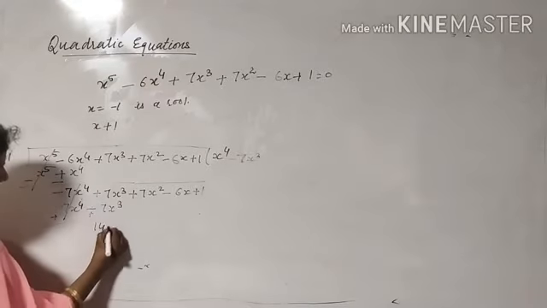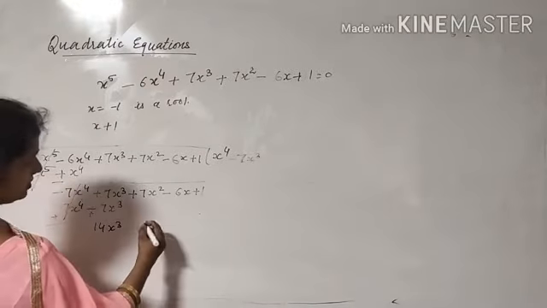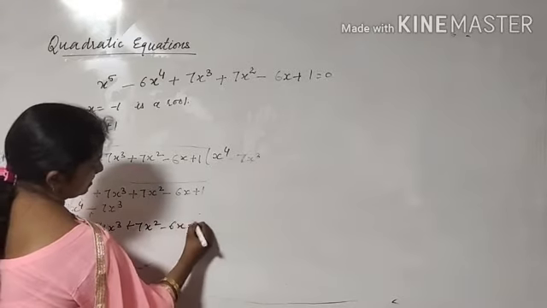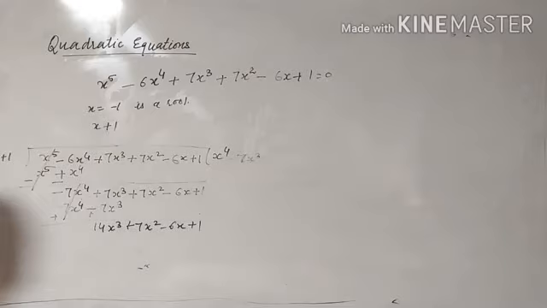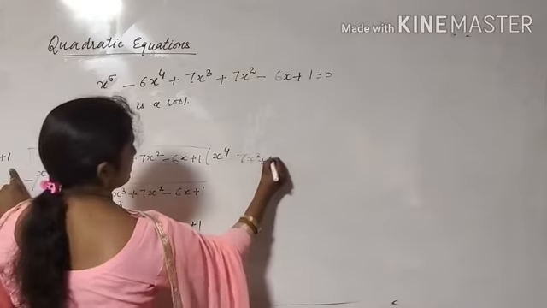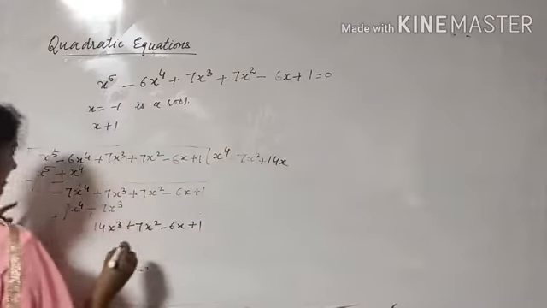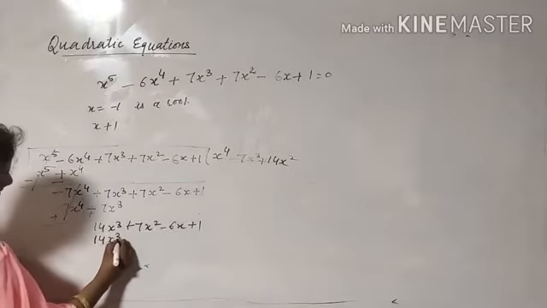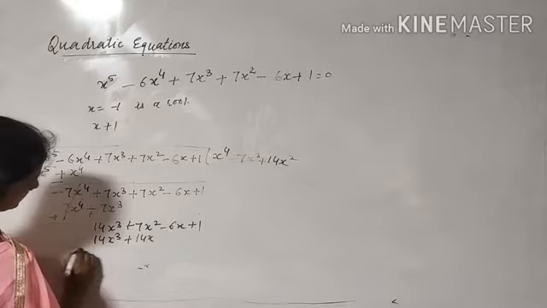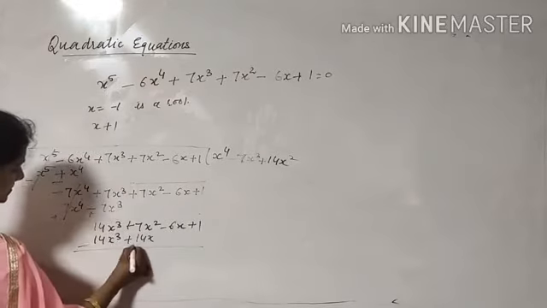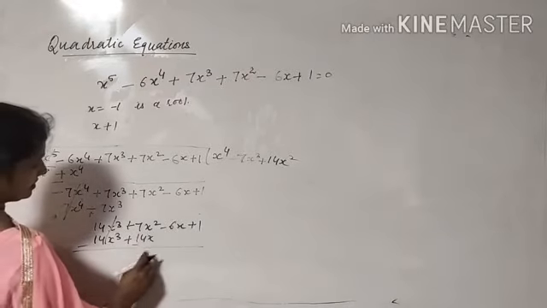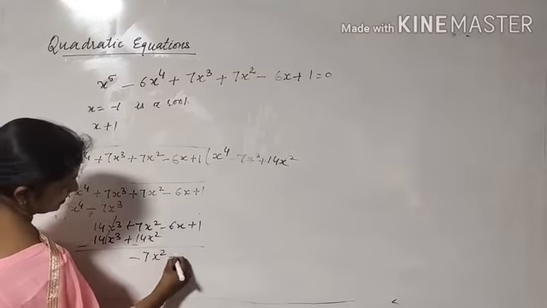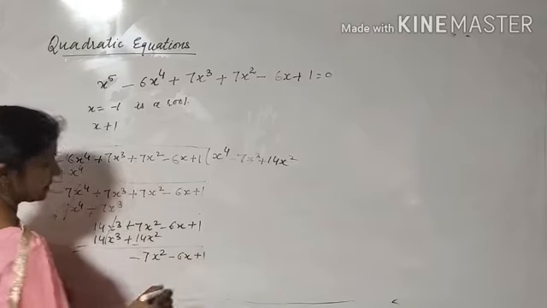This is 14x^3 + 7x^2 - 6x + 1. So here it is 14x^2. So we'll get 14x^3 + 14x^2. Minus. So this is -7x^2 - 6x + 1.